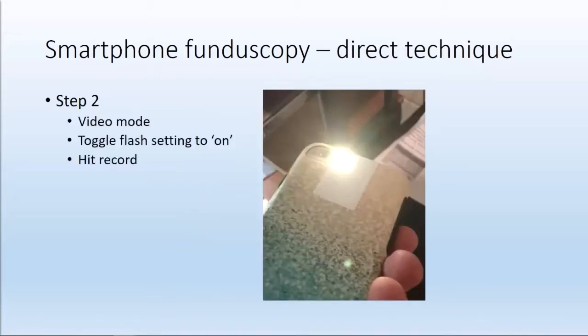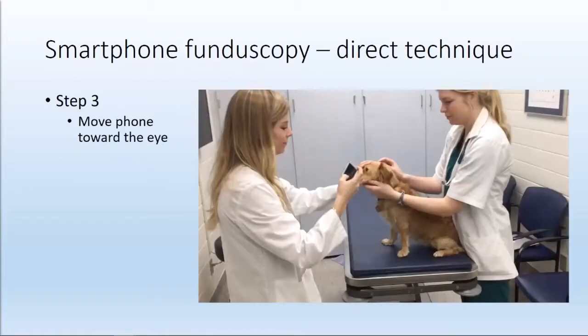Step 2, and you can just try this on your own, go to video mode on your camera. And in the top of video mode, once you're toggled onto that, hit the little light and just toggle the flash on. A lot of lights, it's like a concert. And then that's all I needed you guys to do, just to get that far.